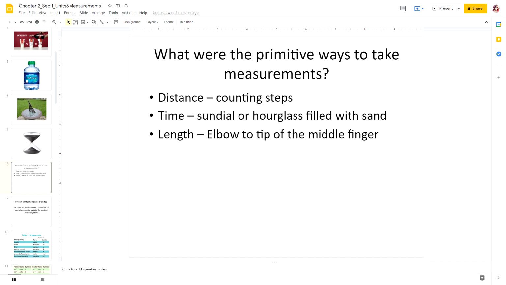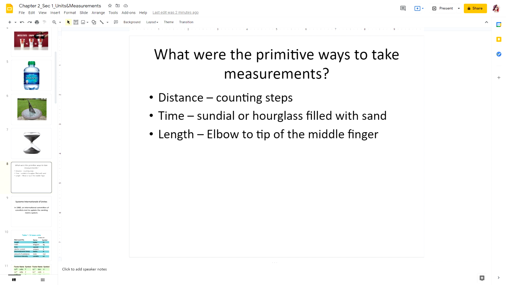And then for the time, not all people would be able to accurately determine the shadow that is created by the sundial, or maybe the hourglass would also be erroneous and would not be accurate. And for the length from the elbow to the tip of the middle finger, again, the measurement varies from person to person, right?